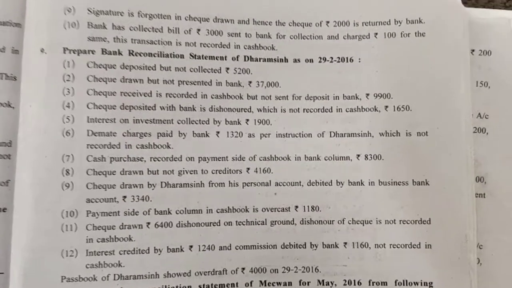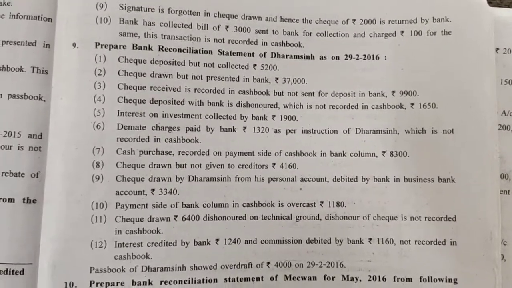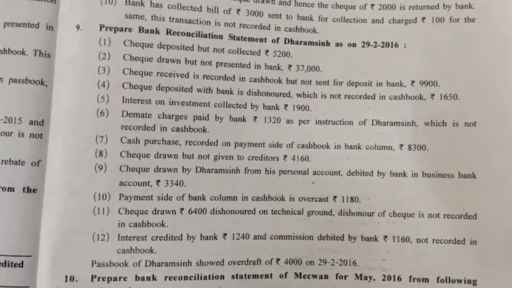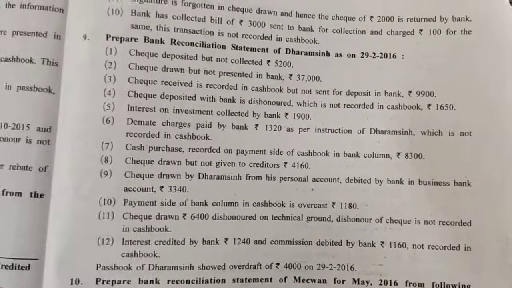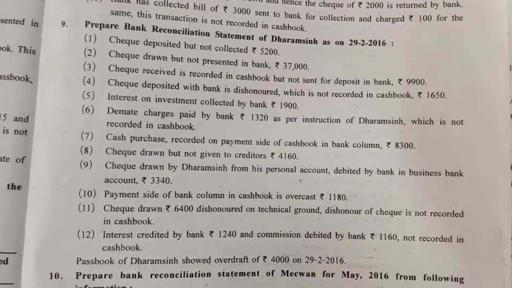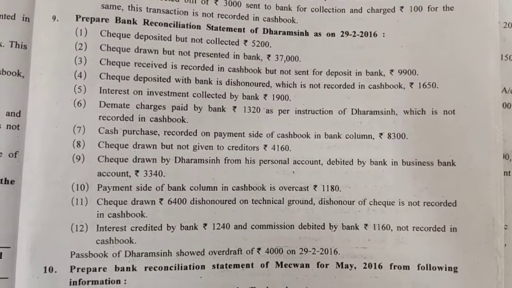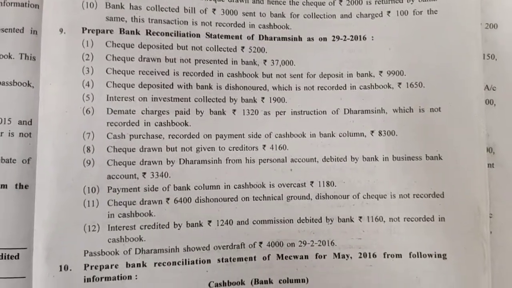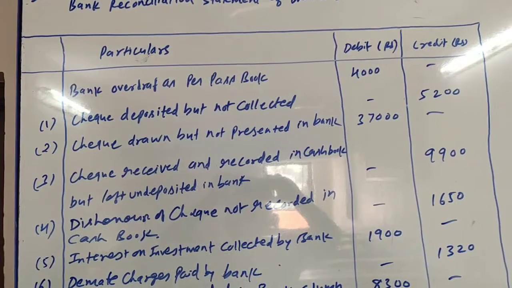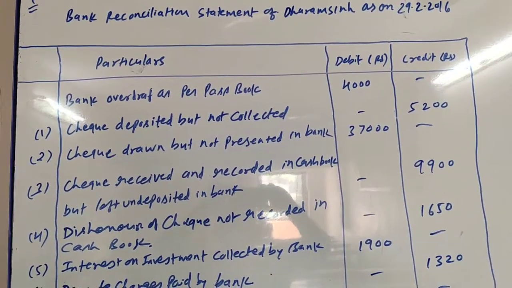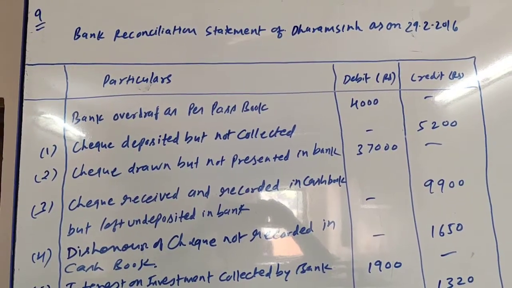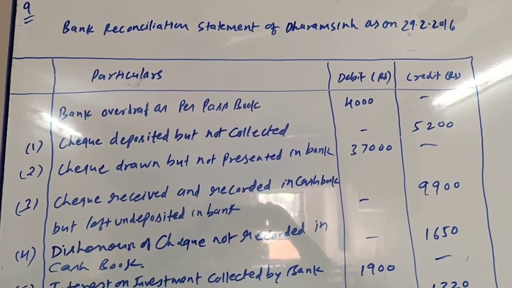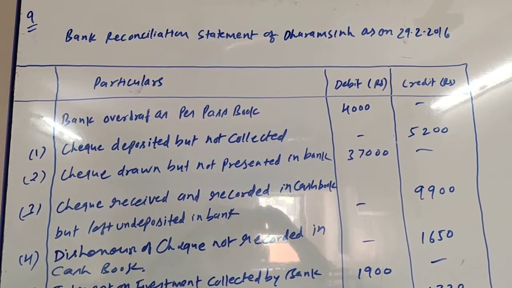That means this check has not reached the bank, and as it has not reached the bank, bank is not going to credit it. Okay, so we have debited this amount in our cash book, but it has not been credited in bank, so we will be crediting this in our bank reconciliation statement. So here it is. The third one, check received and recorded in cash book but left undeposited in bank, rupees 9,900.